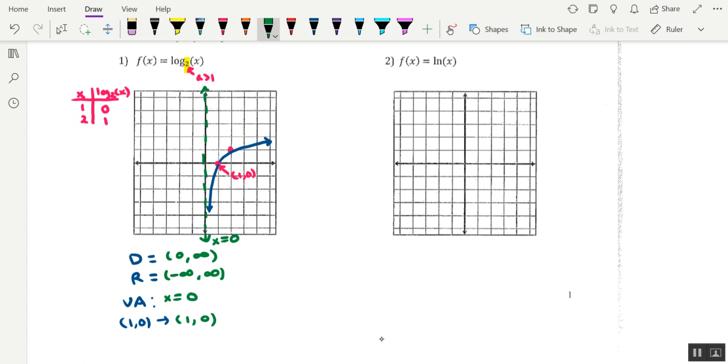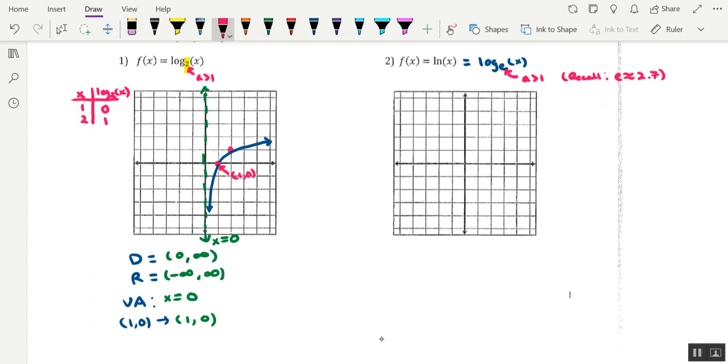So moving on to the next example, let's recall that the natural log of x is shorthand notation for log base e of x. And I mentioned that because the base here is e, which is a base that's larger than 1. Let's recall that e is approximately 2.7.